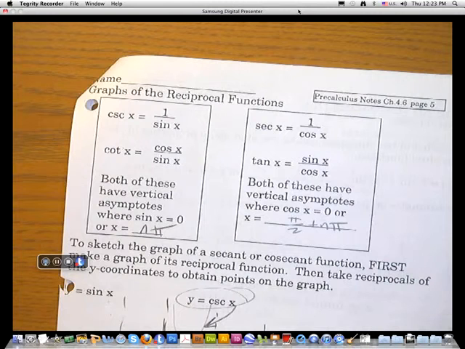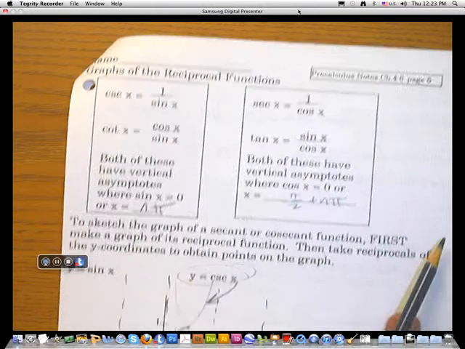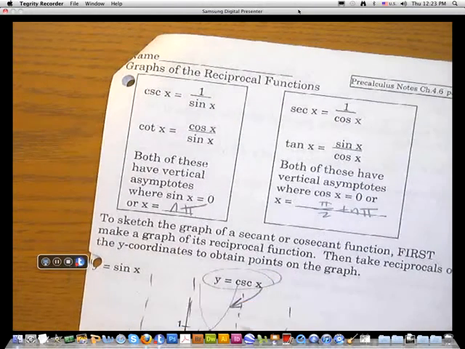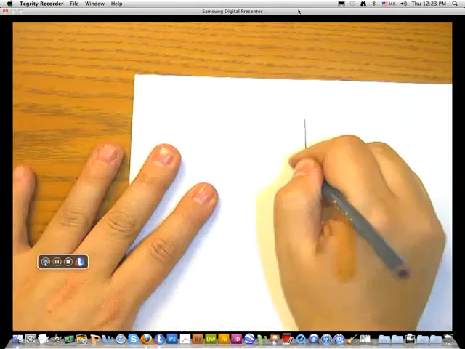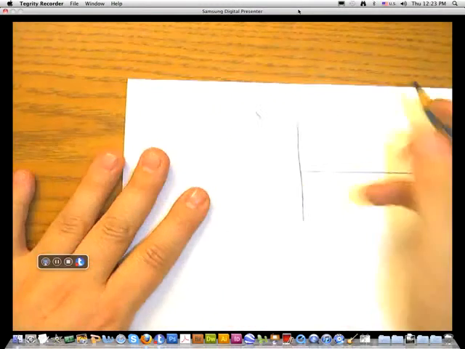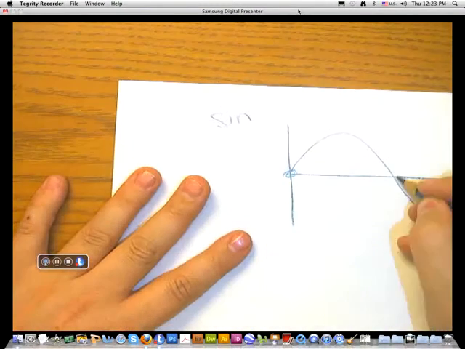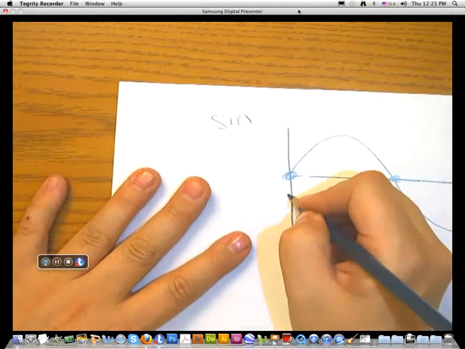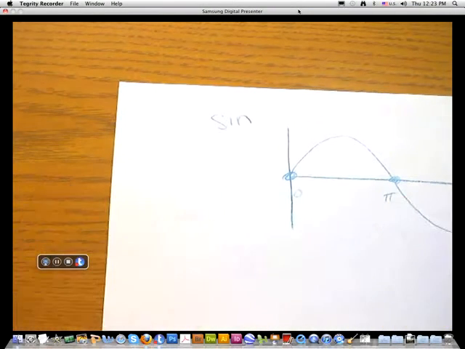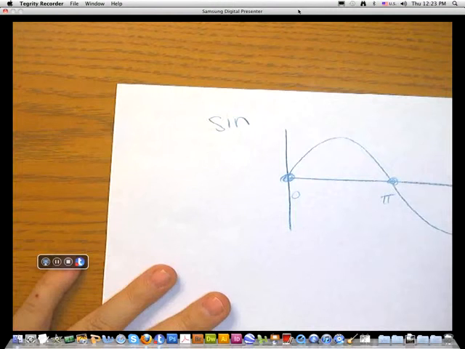So what's going to happen is that the sine wave and the cosecant, because those are the cousins of each other, here's my sine. Okay, sine is at 0, pi, 2 pi.